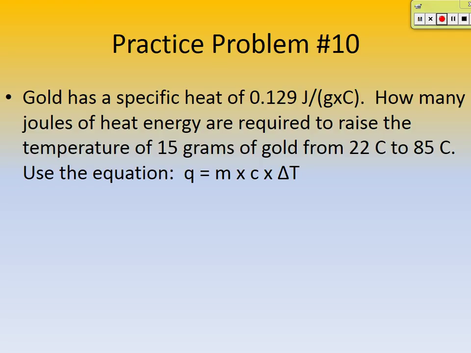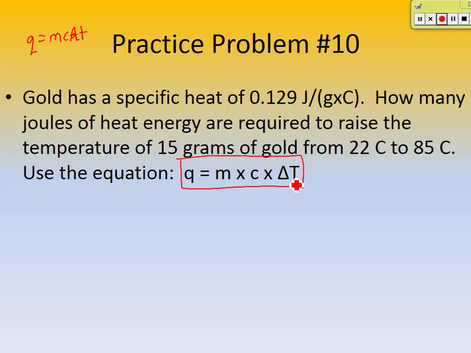Use the equation Q equals mc delta T. Now, how I learned this equation when I was going through chemistry, I learned it as Q is equal to m cat. Because the triangle here kind of looks like an A, so if you just remember m cat, you kind of remember the order that it goes in, m cat.